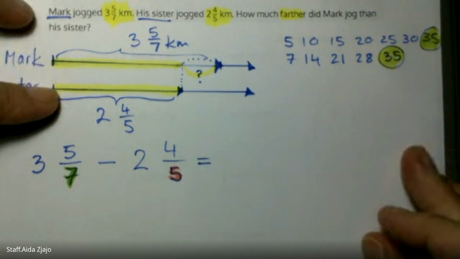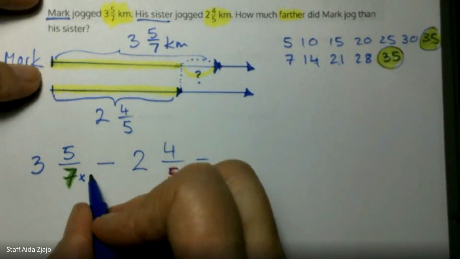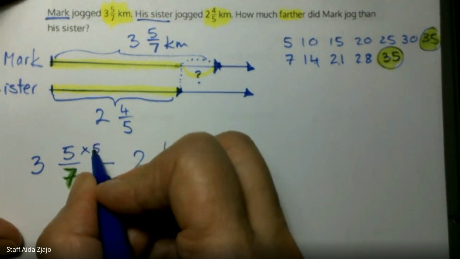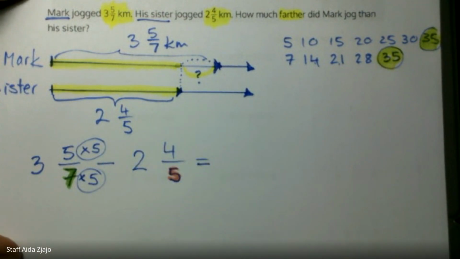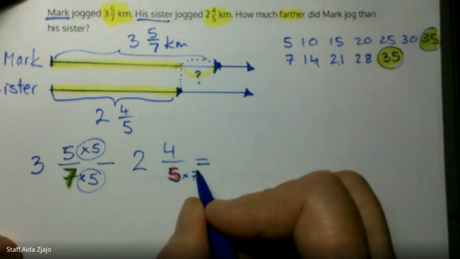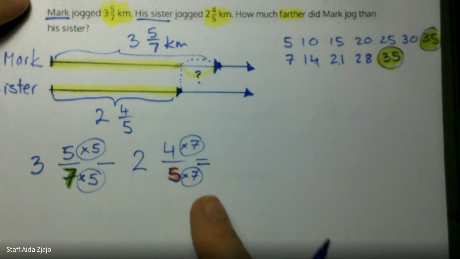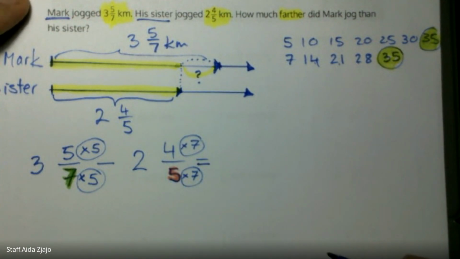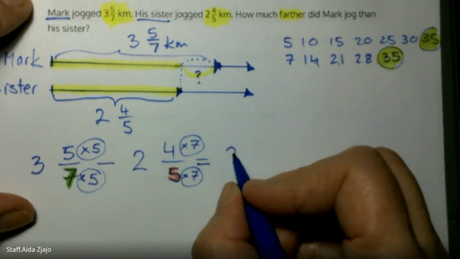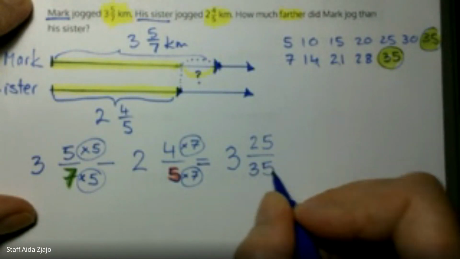So if I can help you with this, 7 times 1, 2, 3, 4, 5, 7 times 5 will give me denominator 35. So I will do the same thing for my numerator, and 5 times 7, 1, 2, 3, 4, 5, 6, 7, that will give me the denominator. I will change the fifths into 35ths. 5 times 5 is 25, 3 wholes, 25 35ths.